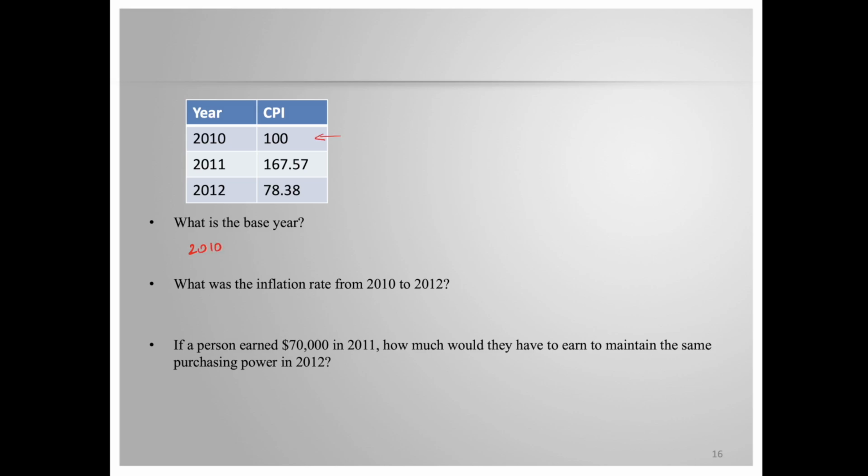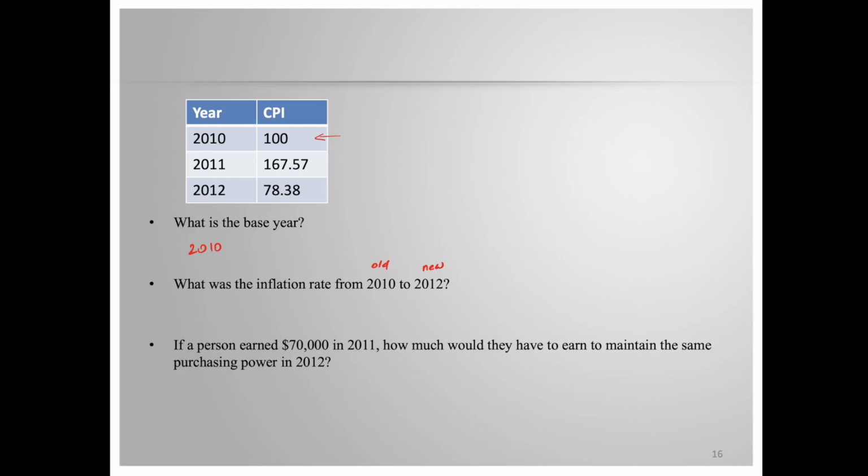What if I wanted to calculate the inflation rate from 2010 to 2012? These are not consecutive years. In order to do that, 2012 will be the new year, 2010 will be the old year, and then we can calculate the inflation that way.